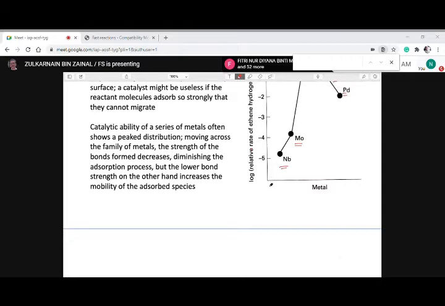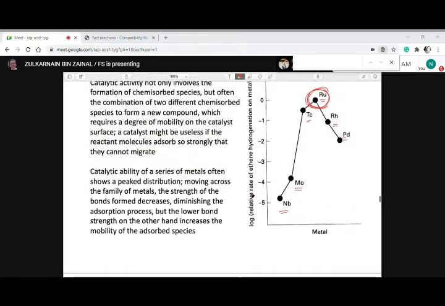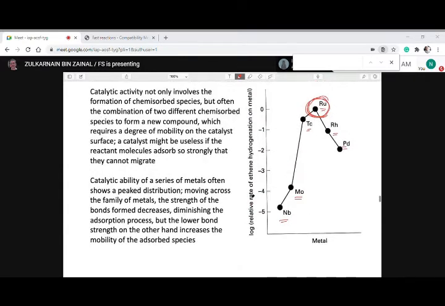So that is the adsorption process, but lower bond strength, on the other hand, increases the mobility of the species or the reactant on the surface, so that the reactants can find a good surface for the reaction to occur. If you have, for example, two reactants to react together, they have got to move on the surface. One is to find the right surface for the reaction. The other is for the two reactants to mix and react.